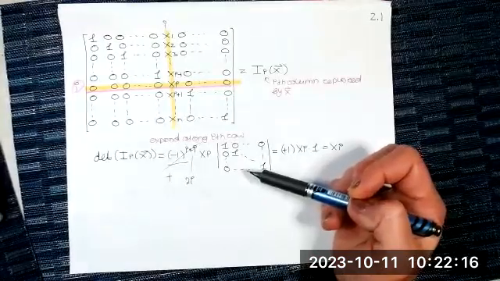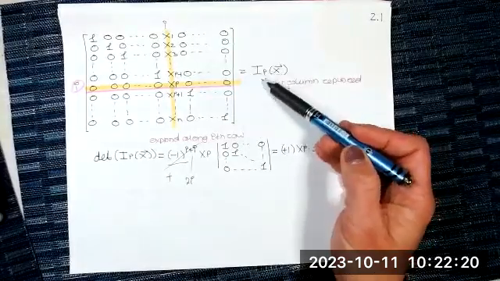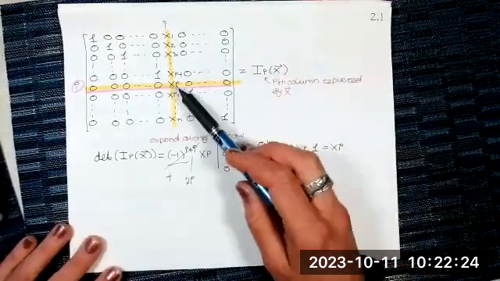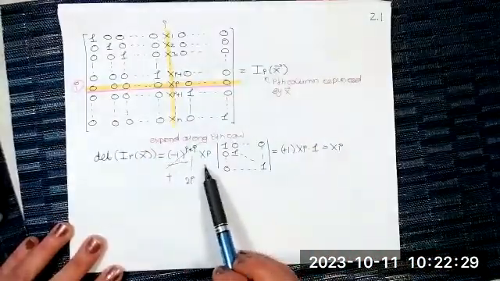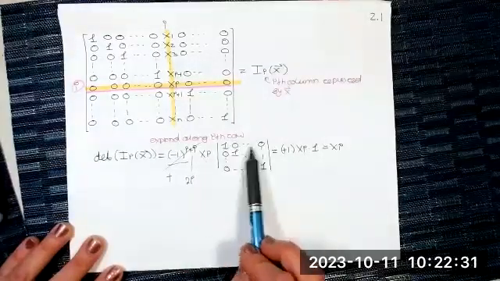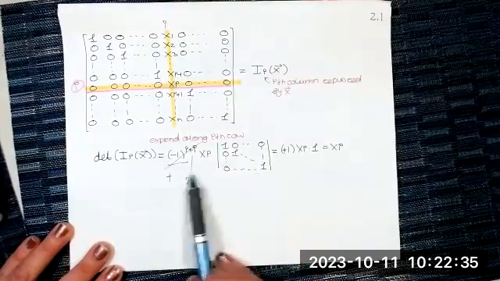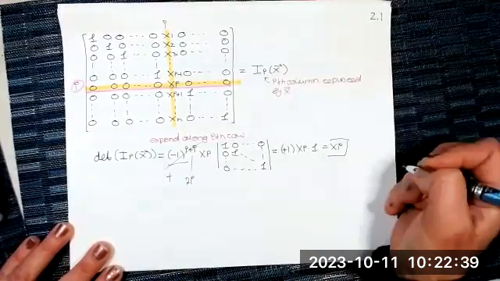This would be true for any n by n matrix with any column i replaced by x, because I will always have i plus i, so the sign is always plus, I always have x_i, and I always have some sort of identity matrix here. So all of this just collapses to being equal to x_i.